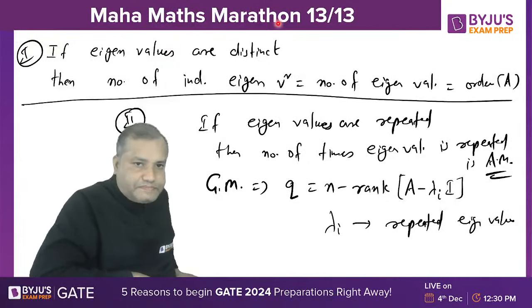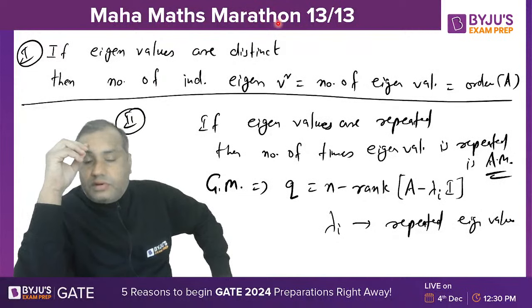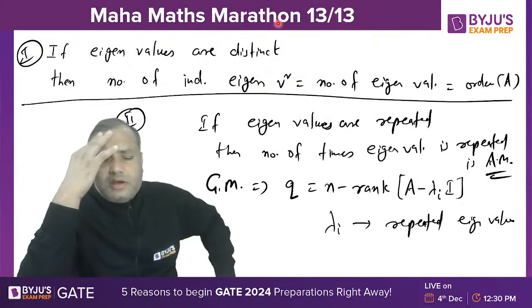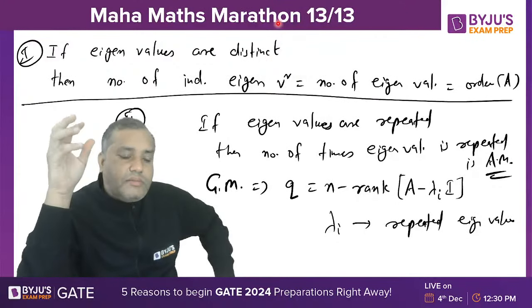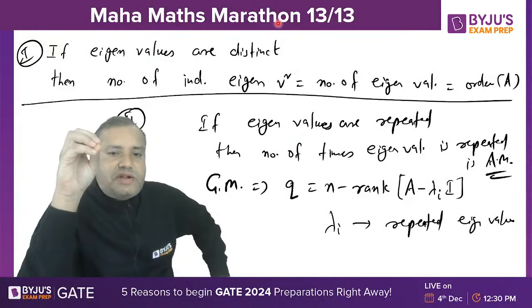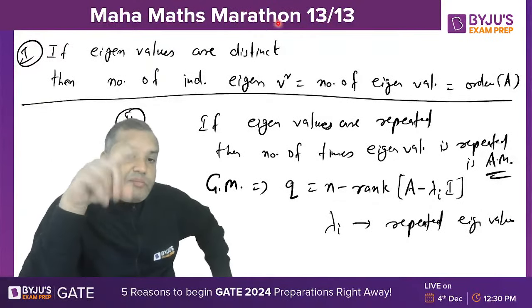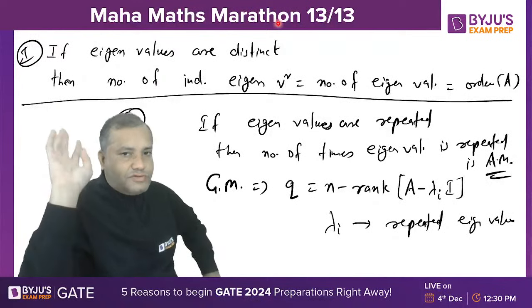One more concept. What is the condition for matrix diagonalization? The necessary condition for matrix diagonalization is that the number of independent eigenvectors should be equal to the number of eigenvalues.